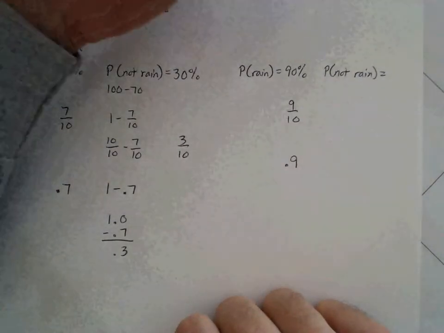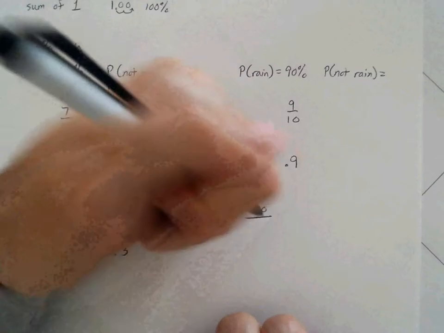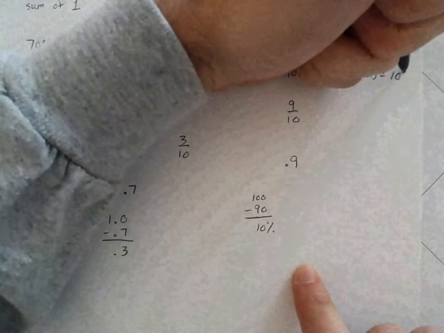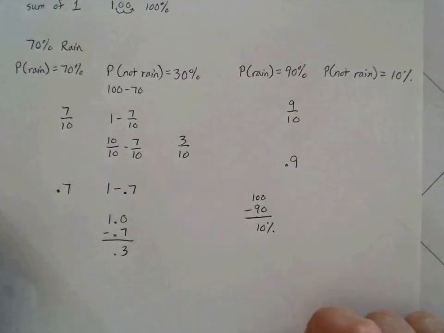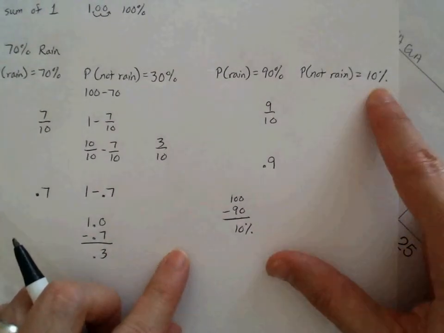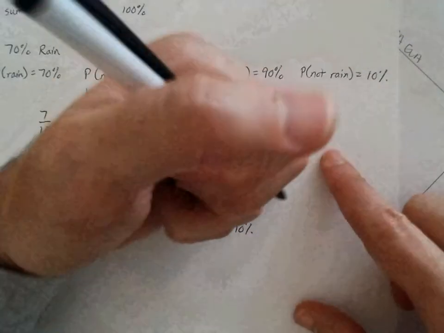All right, so here you should have said 100 minus 90. So 10% should be your percent. So there you go, 10% is one of your answers. Over here you would do 1 minus 9 tenths.